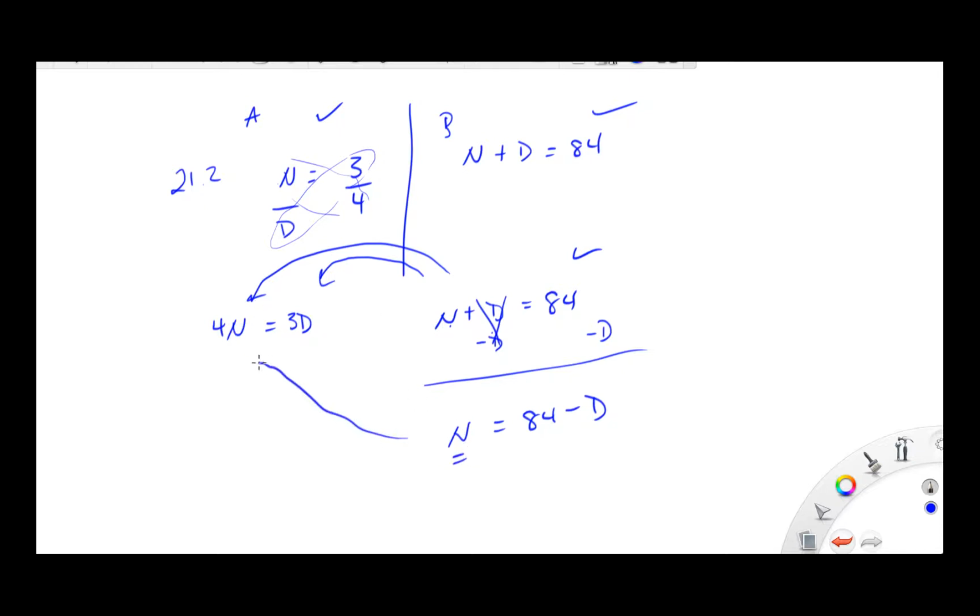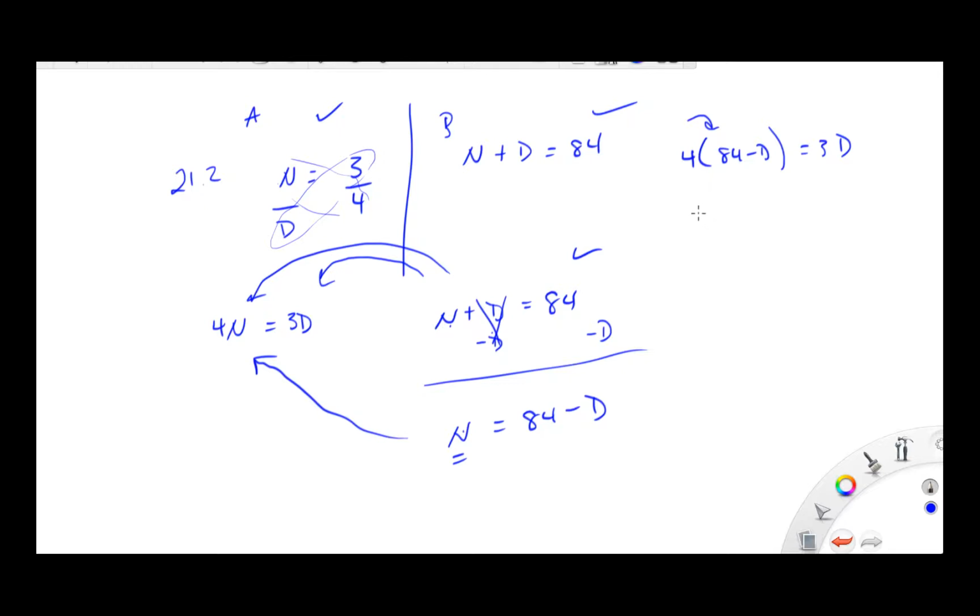which means that we're going to use this and substitute it into that spot, which means that now we're going to have 4 times, well, what does n equal? 84 minus d equals 3d. Now we can distribute: 4 times 84, 4 times d equals 3d, and so on. We can do that pretty easily.